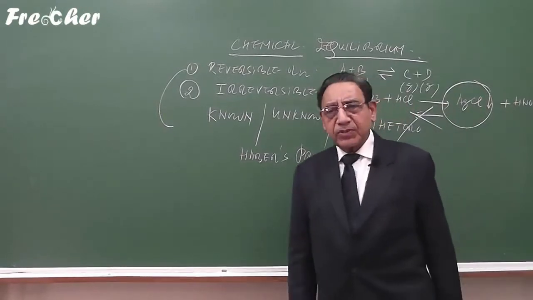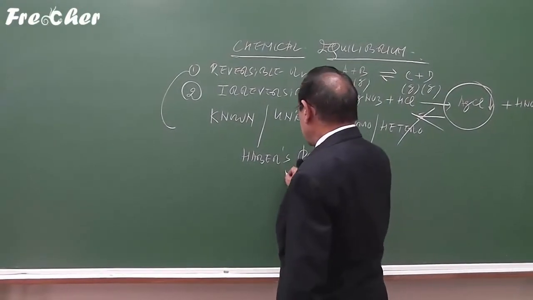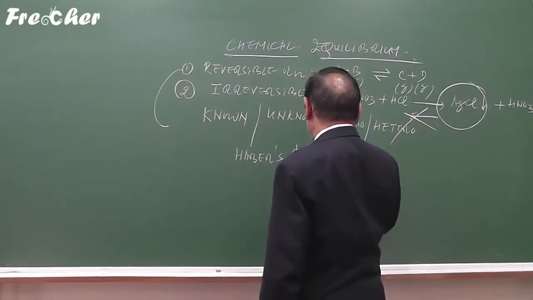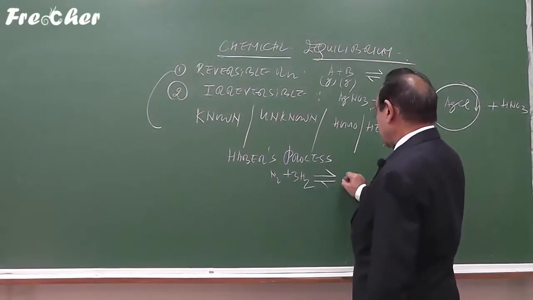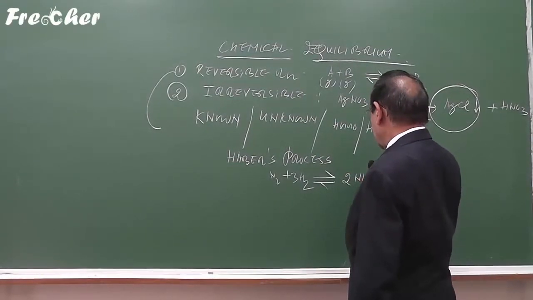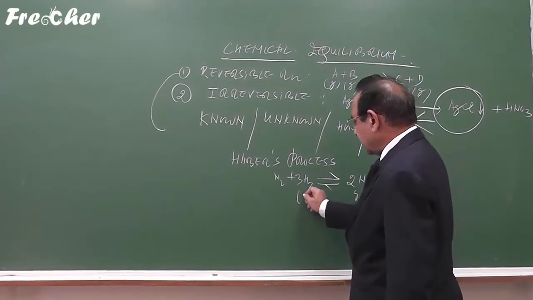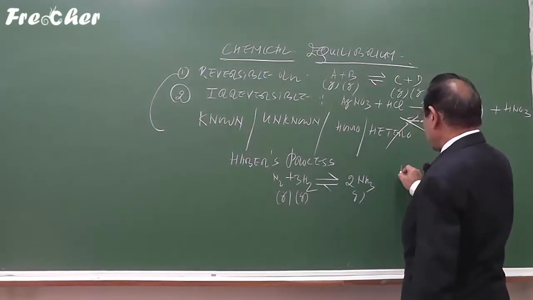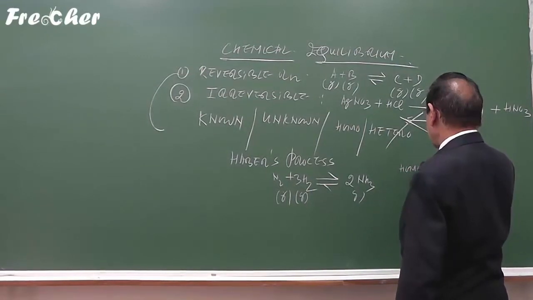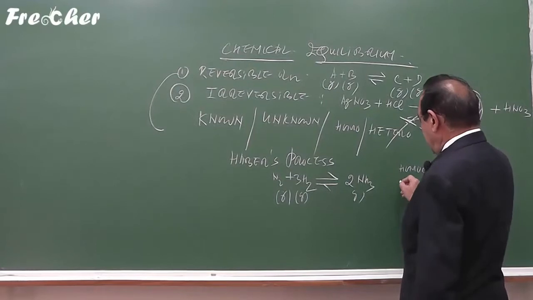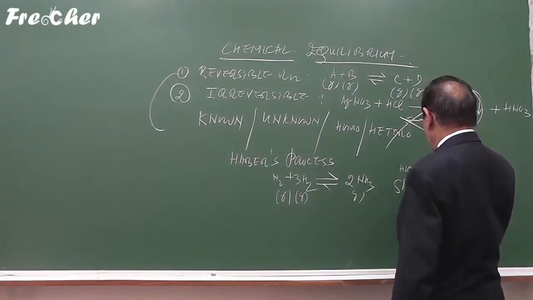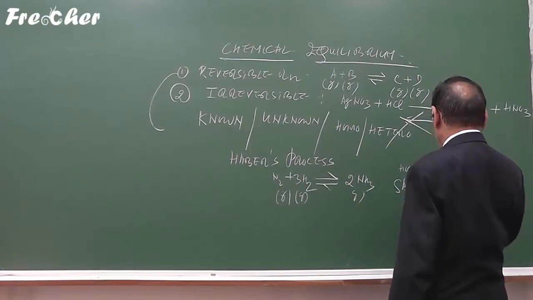N2 plus 3H2 reversibly giving 2NH3. This reaction is very well known and it is also homogeneous. When I say homogeneous, we mean all reactants and products are in the same phase.